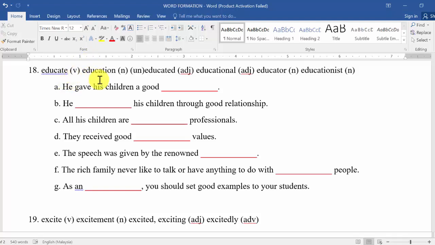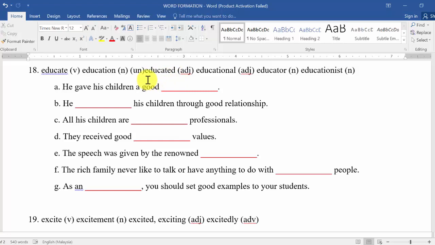Next one, education as a noun. Education means activities that impart knowledge or skill. The activities of teaching means education. Next one, uneducated. We have uneducated and also educated here. We'll look at educated first, adjective.